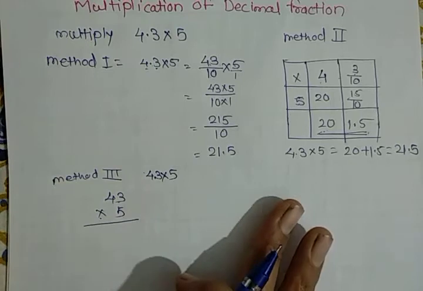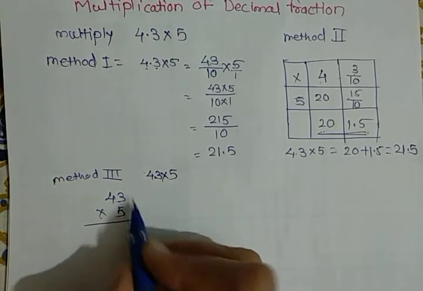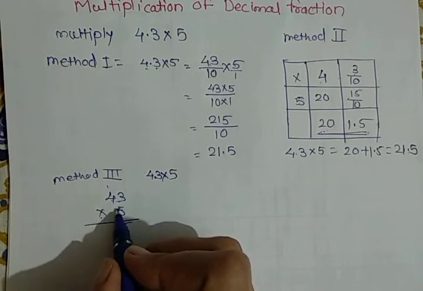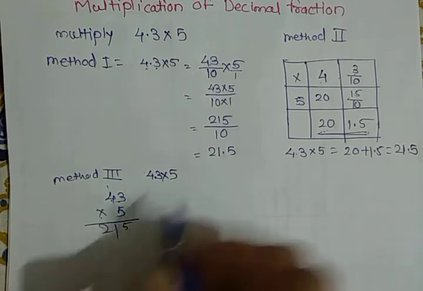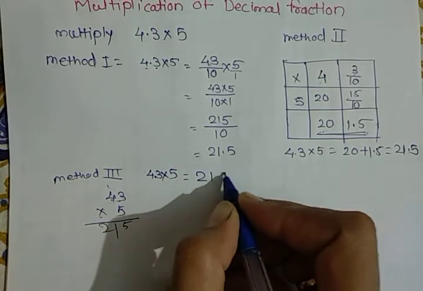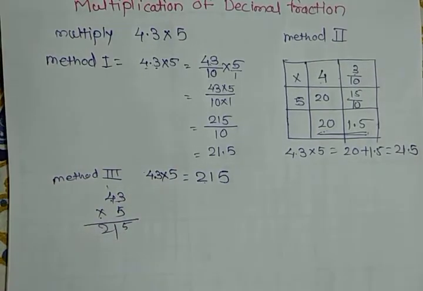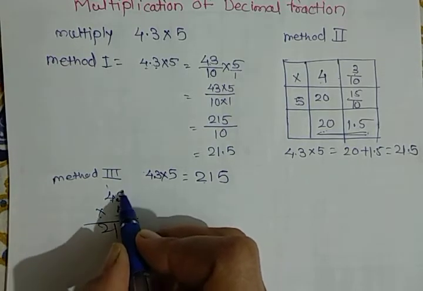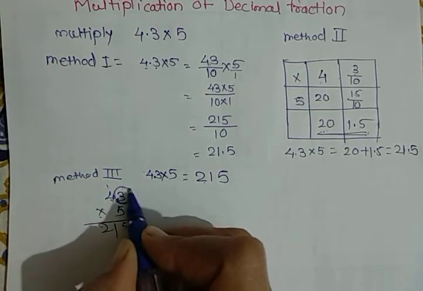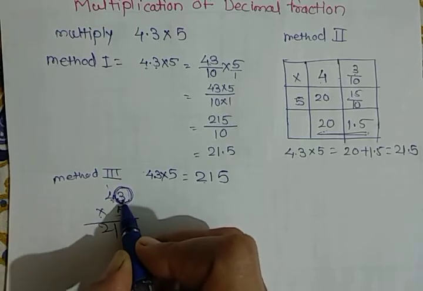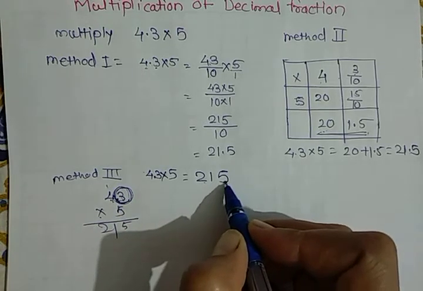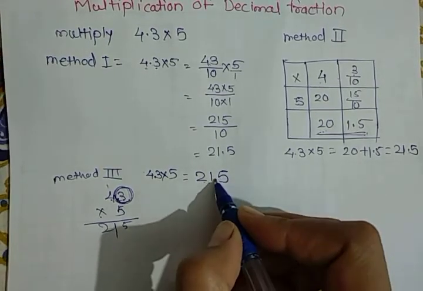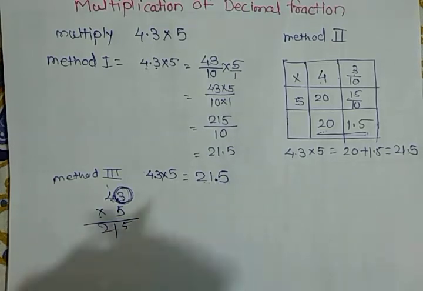Okay, simple multiplication. 5 threes are 15, carry 1, and 5 fours are 20 plus 1, 21. The answer is 215. Okay, let's see here in this fraction. There is one place to the right side of the point, so leave one place from the back side of the answer and place the point here. So the answer is 21.5.